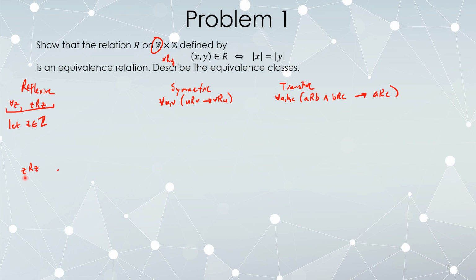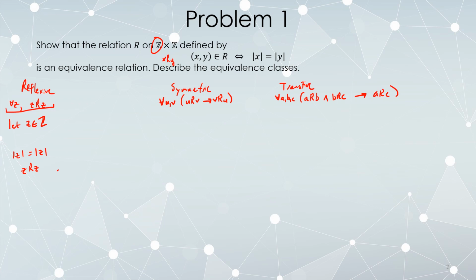Let's look at the definition of this relation. z is related to z, so both of these are z, if and only if the absolute value of the first entry is equal to the absolute value of the second. Since the first and second number are the same, they're both z here, this is transparently true and there's not really any argument to be made.